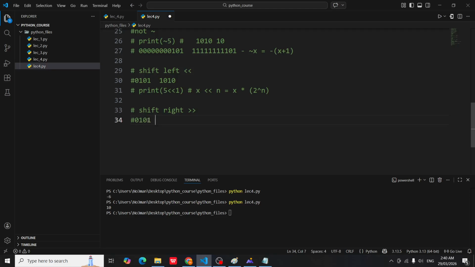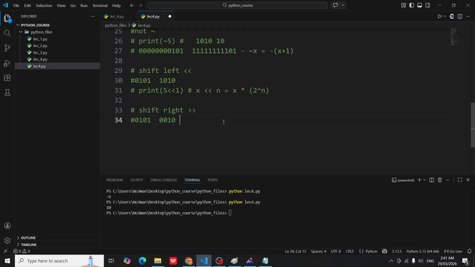Number 1 will be removed, so it will start with 0 1 0, and we will add 0 at the front.